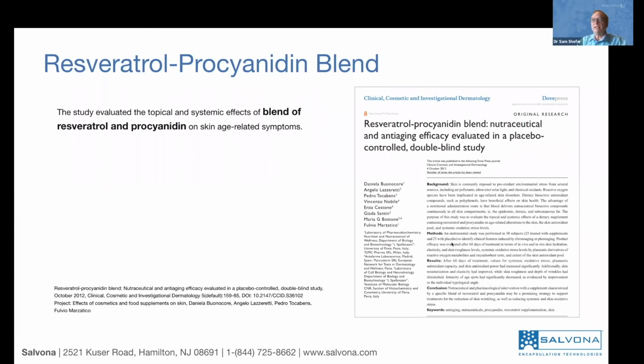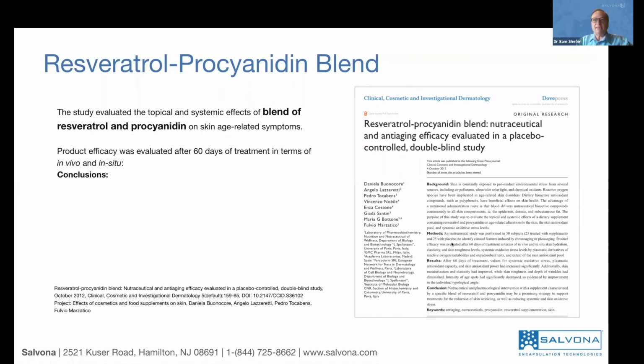After we saw this phenomenon of using both resveratrol and procyanidin by independent multiple research centers, it convinced me, at least, and others, that this is the way to go. So this study used a blend and looked at different parameters indicating aging of the skin.